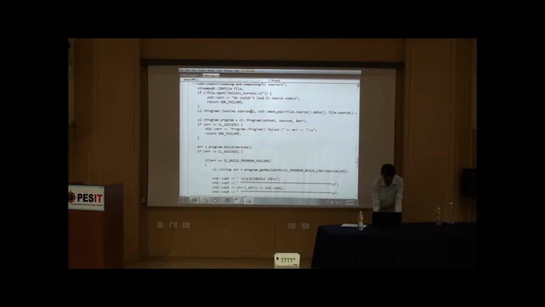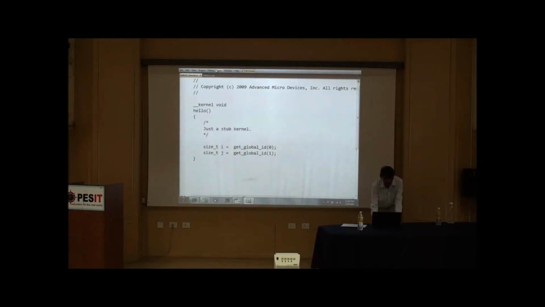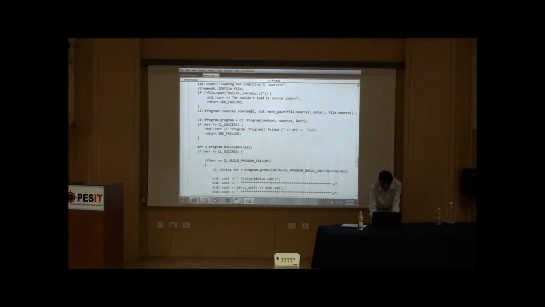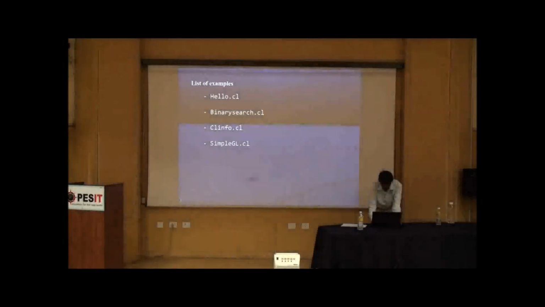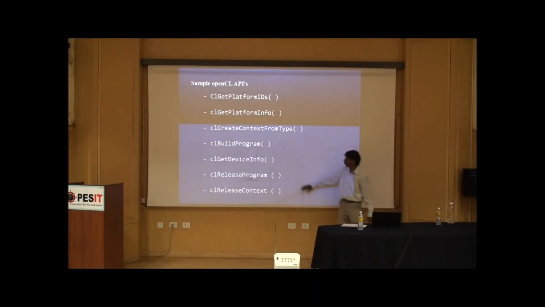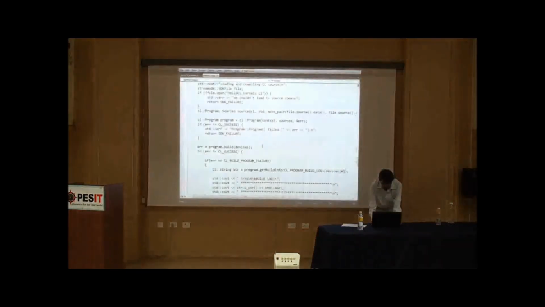Get the OpenCL kernel source by using this, and use this program.build or CL build. Probably I'll just open that slide. So we had something called program build. This API will be called, and it is going to build the program.